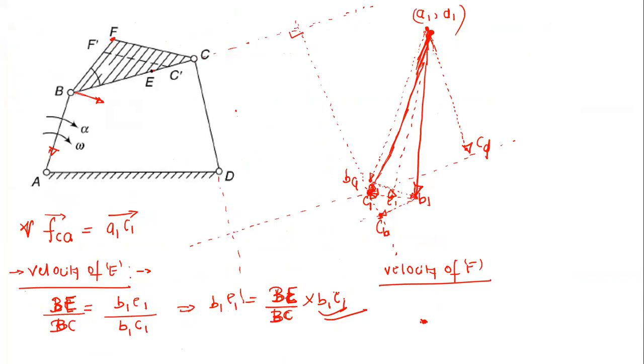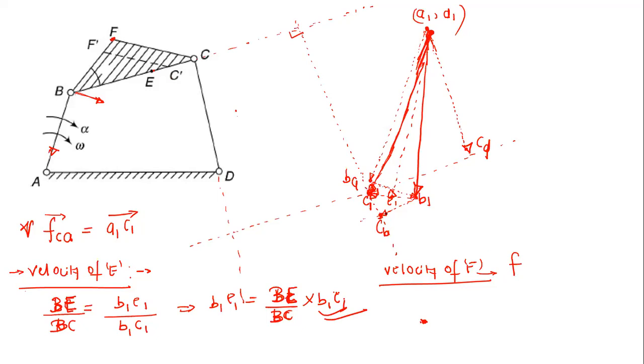In velocity analysis, we did DF plus AB equals CF plus DC. Similarly, you also need to form the vector equation here. So how to form the vector equation? Just tell me what will be the vector equation.